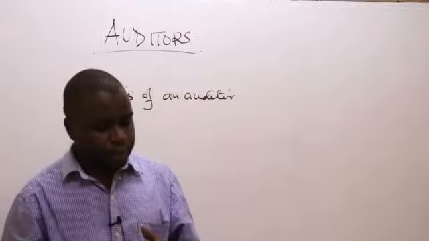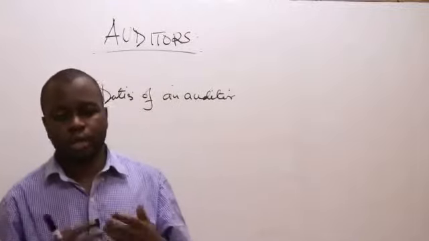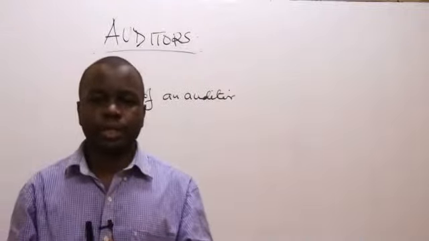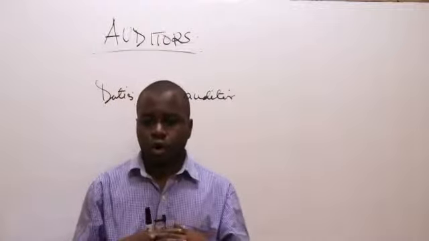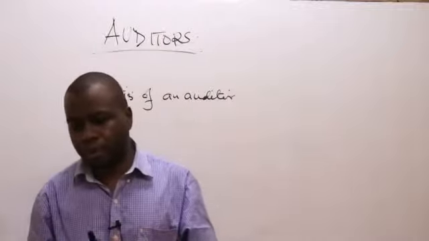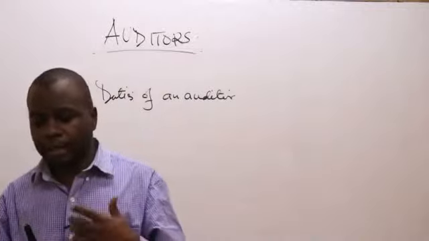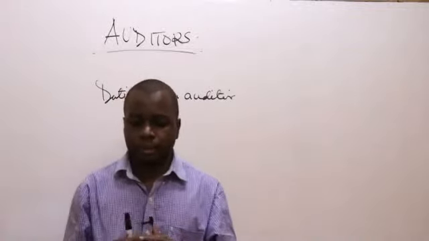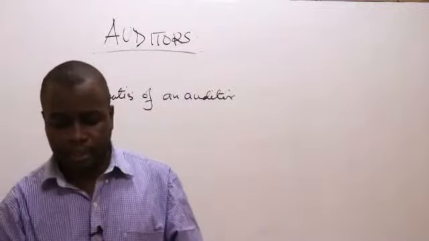Then number three, which is also very key, is to carry out his work with honesty and ensure that he's doing it with reasonable care and skill expected of a person of his profession, or of a person of his capacity, while he's carrying out work as an auditor of any company.